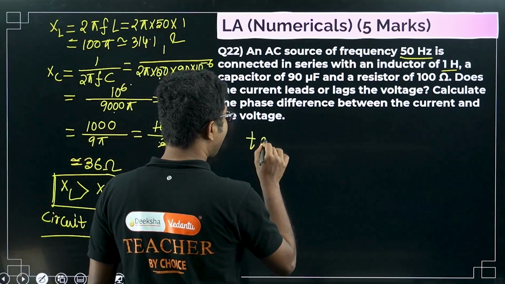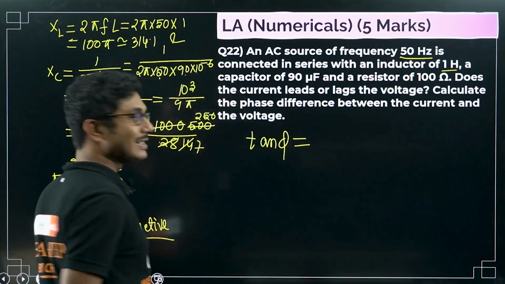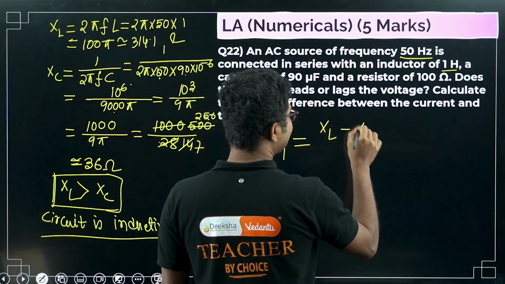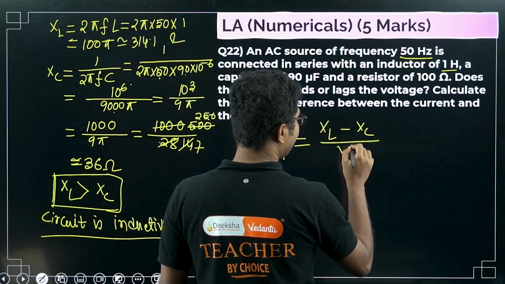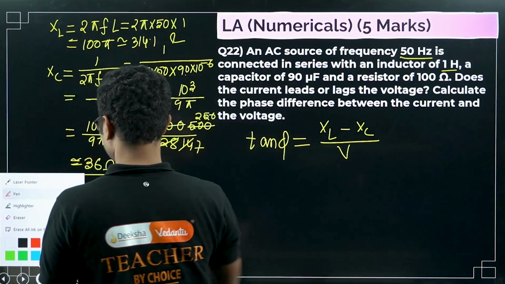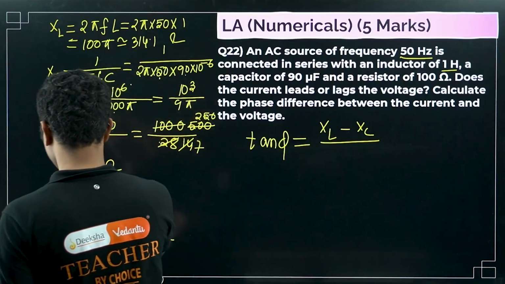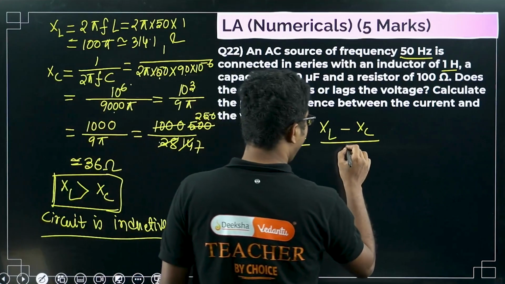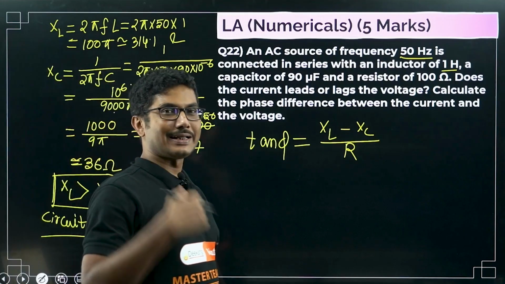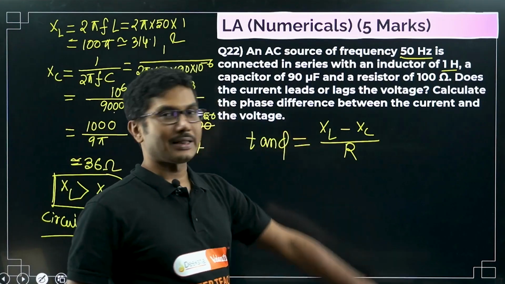That can be given by tan phi equals, since they have also asked you the phase difference, XL minus XC divided by R. So tan phi is basically XL minus XC divided by R. If the circuit is capacitive, then it will be XC minus XL.